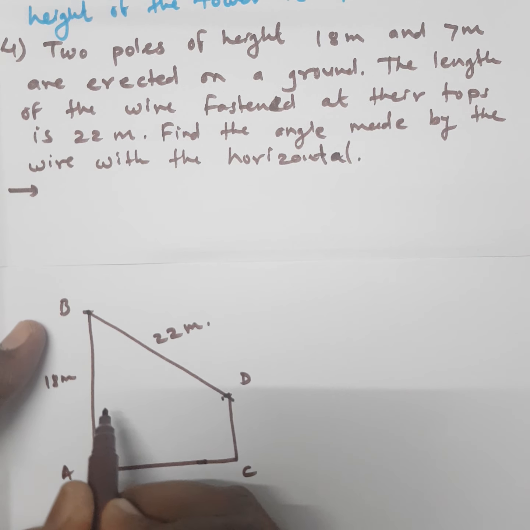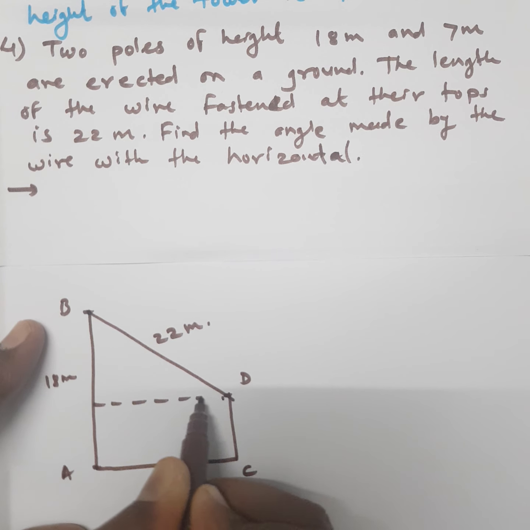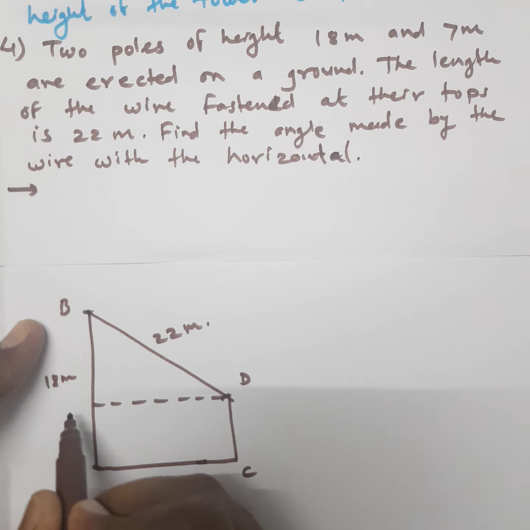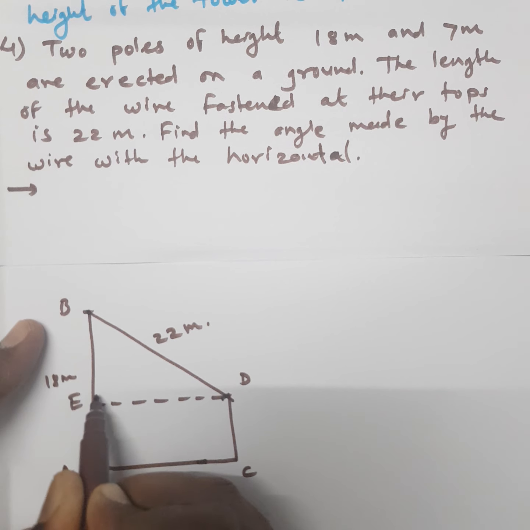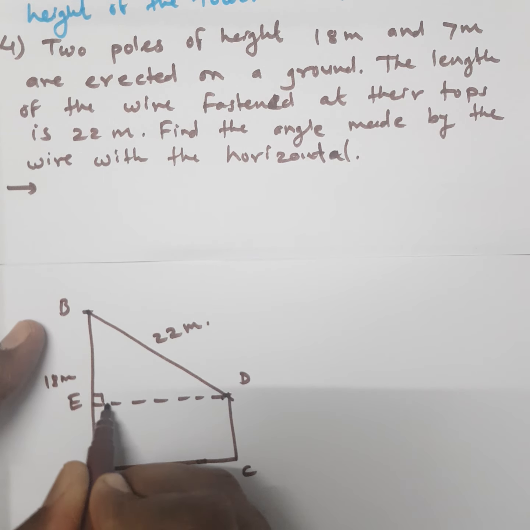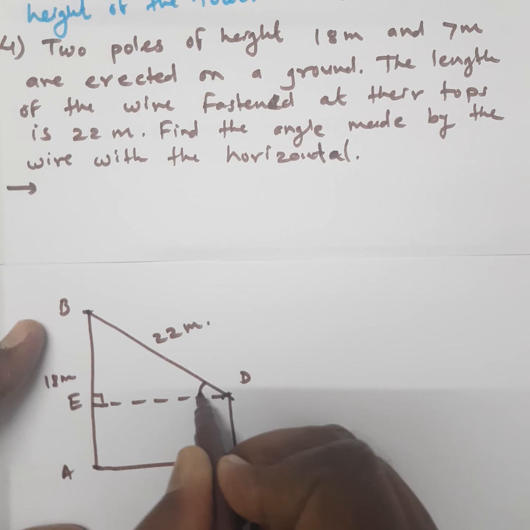Now we have to draw the horizontal at point D where the wire is tied. Let it be DE perpendicular on AB. Now we have to find the angle made by the wire with this horizontal.